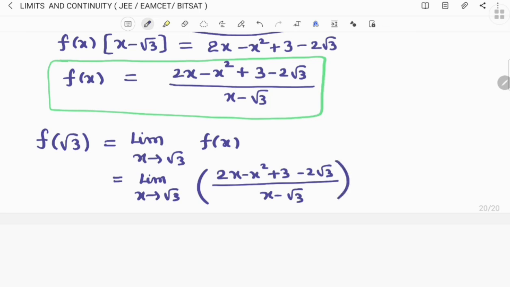If we substitute x equal to root 3, we get 2 root 3 minus 3 plus 3 minus 2 root 3 by root 3 minus root 3. It is an indeterminate form.